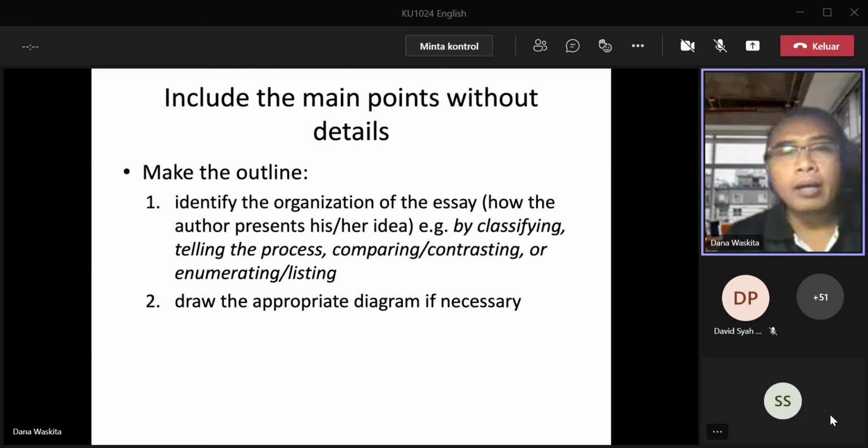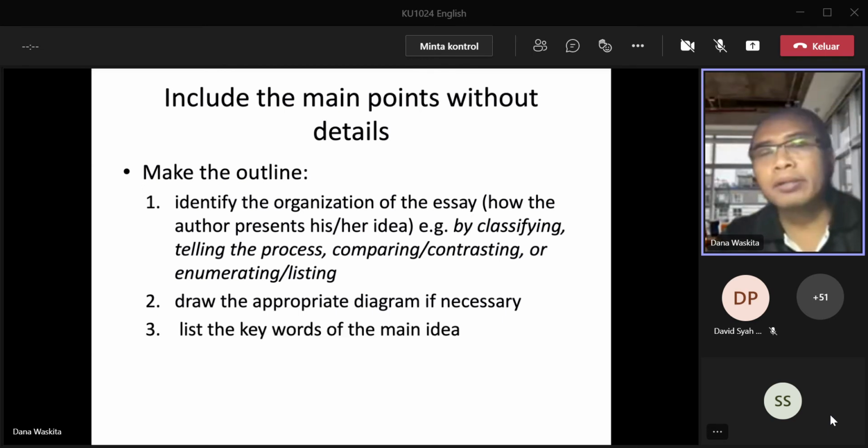Maybe it can help you to understand it easily. Yeah. And then what you can do is also write or list the keywords of the main idea before you write the summary itself.